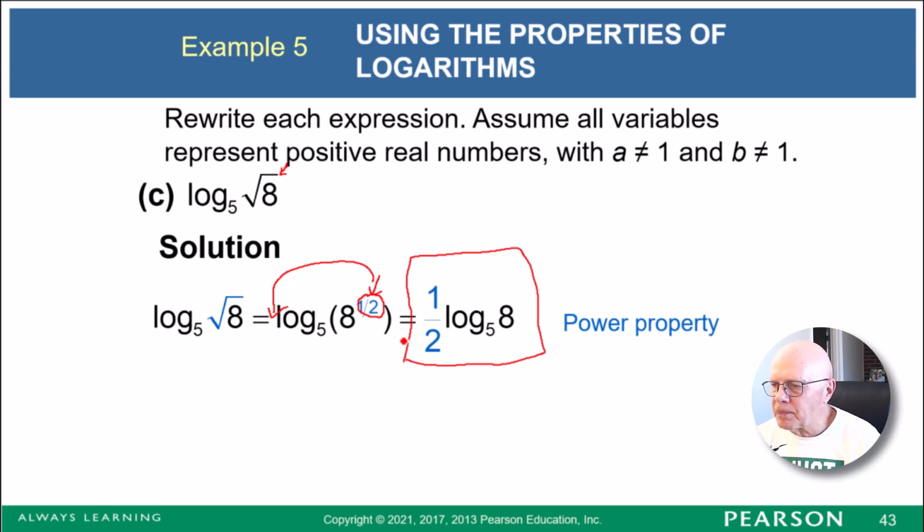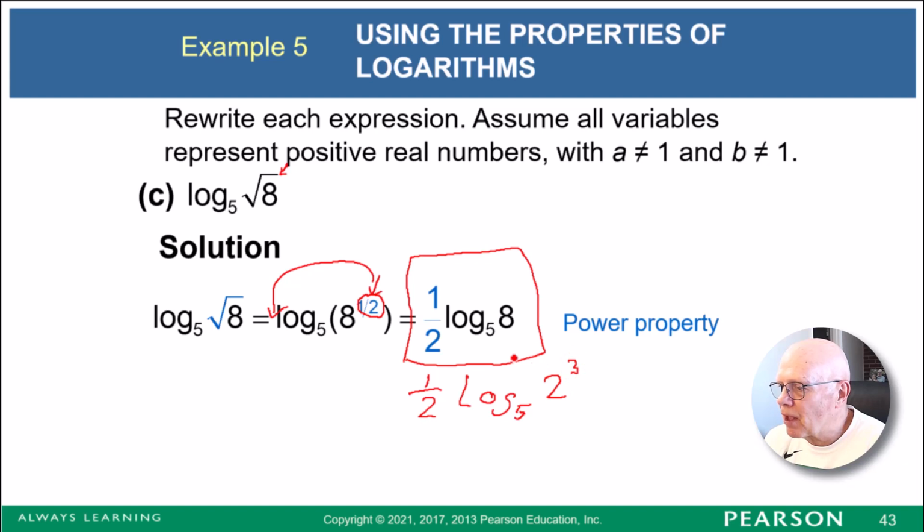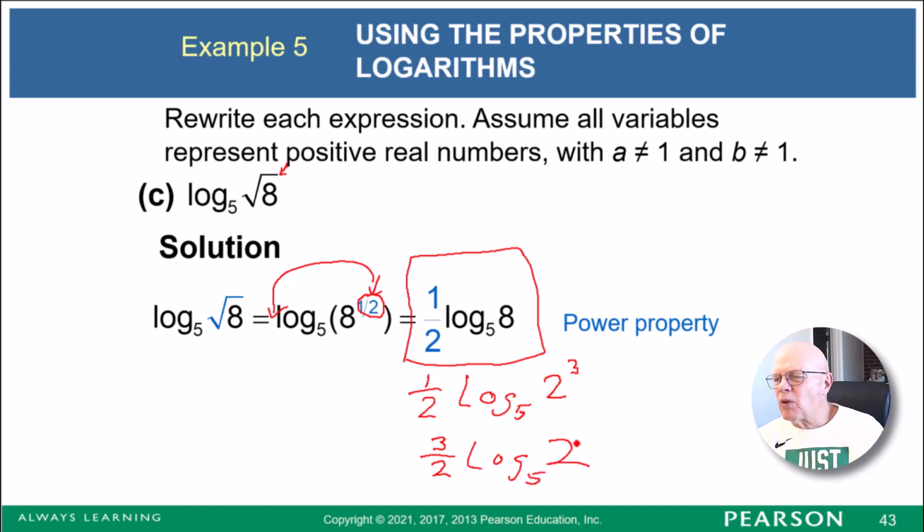There we go. I could take it a little bit further. I don't think they're going to, so let's be smarter than them. So 1/2 log base 5. Now 8 is 2 cubed. What can we do with the exponent? Slide it out front. So I end up with 3 times 1/2, or 3/2, log base 5 of 2. We're ahead of the slide makers. Doesn't that feel good?